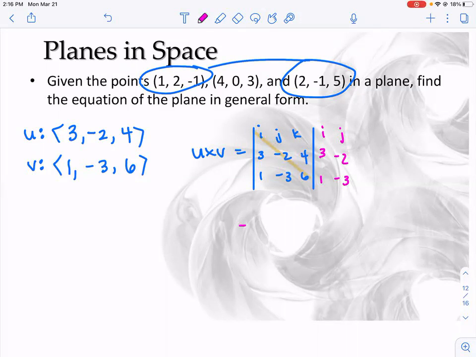All right, so we get -12i plus 4j minus 9k, minus the quantity -2k minus 12i plus 18j.